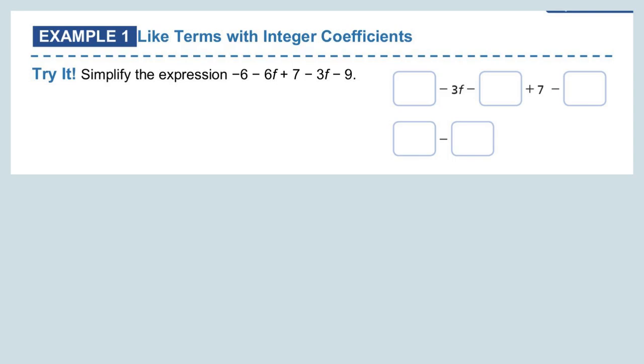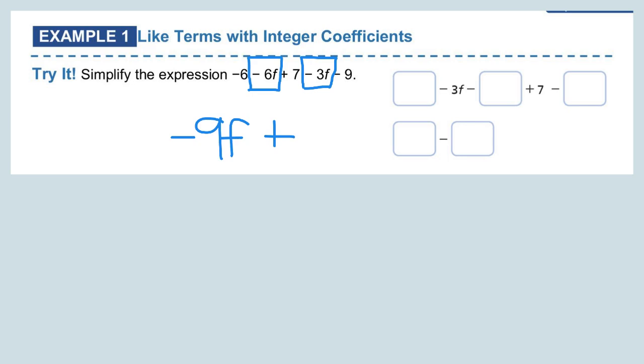All right, here's the try it on the bottom of page 210. And I would start by putting a box around my variable terms. Make sure you grab the sign in front of the number. So negative 6f's minus 3f's. Negative 6f's minus 3f's is negative 9f's.